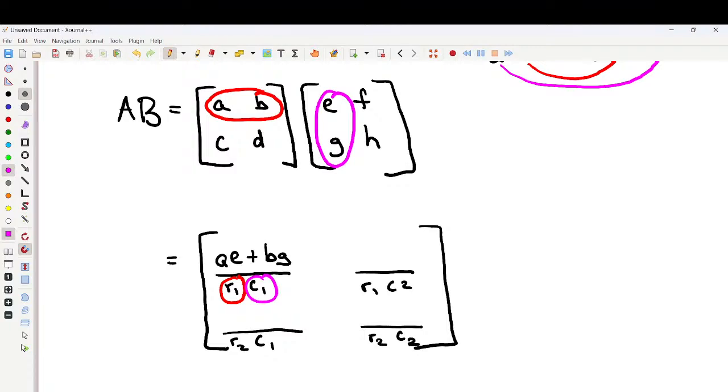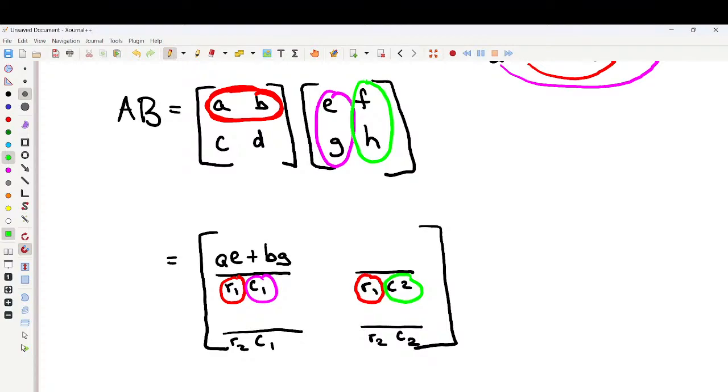To find in our solution, row 1, column 2, we go back to AB, and then we do the same kind of algorithm or dot product. Really, that's what it is here. AF plus BH.